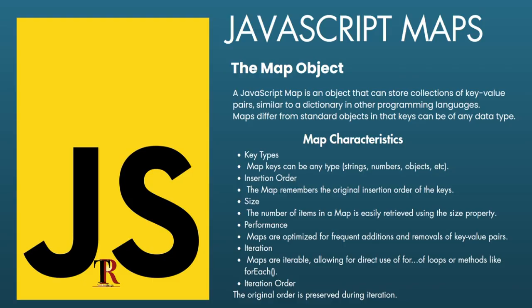Now, maps differ from standard objects in that keys can be of any data type. So this map that we are talking about is different from standard objects in that keys can be of any data type.